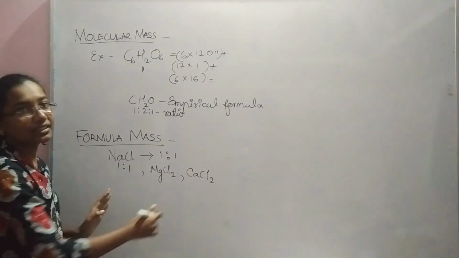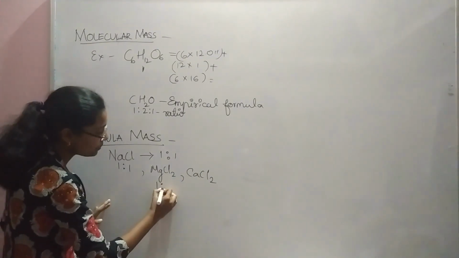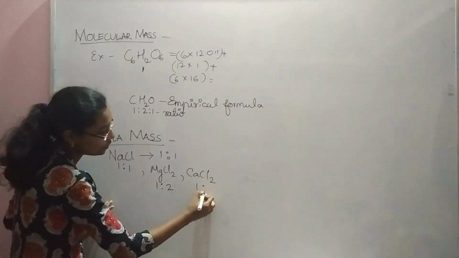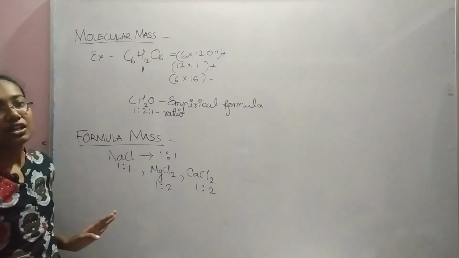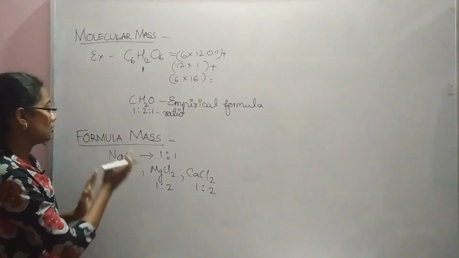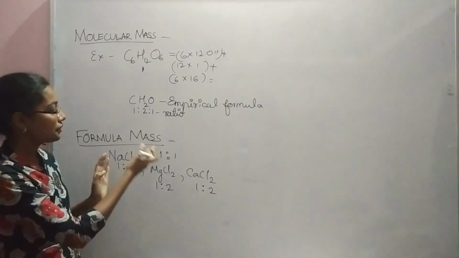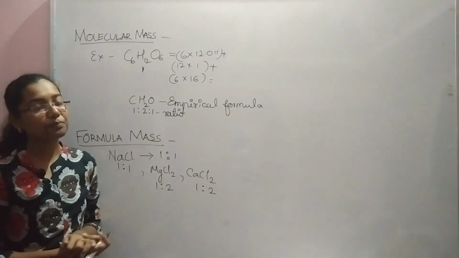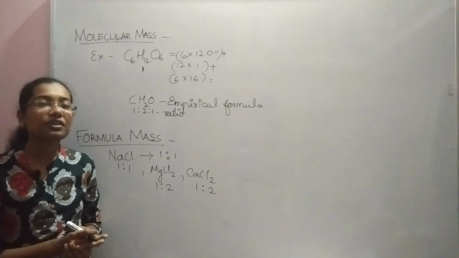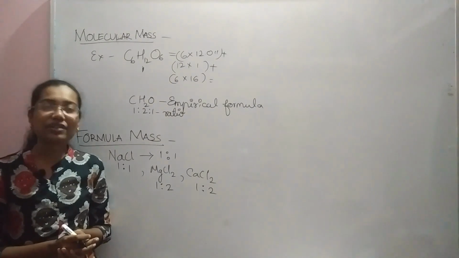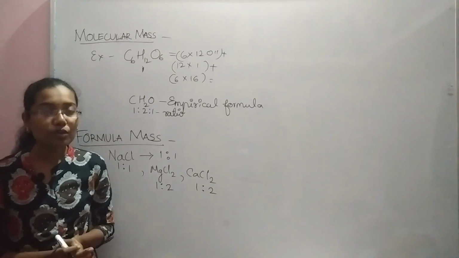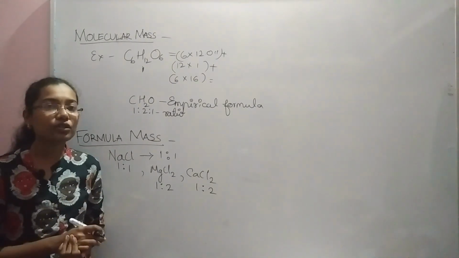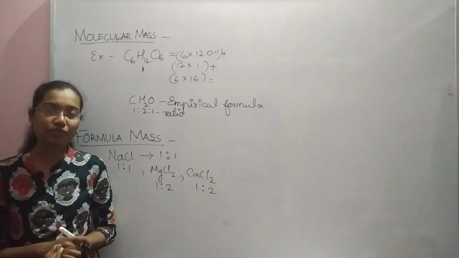Here the ratio comes out to be 1:2. Here also it is 1:2. So with this ratio we calculate the formula mass. This is how we calculate the molecular mass as well as formula mass.